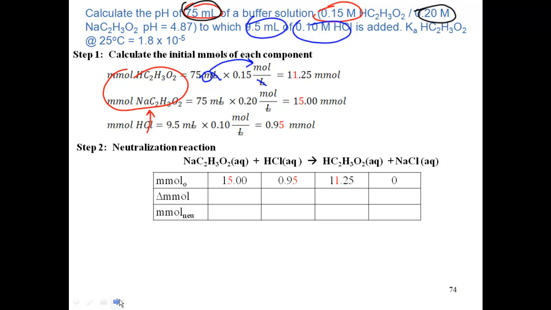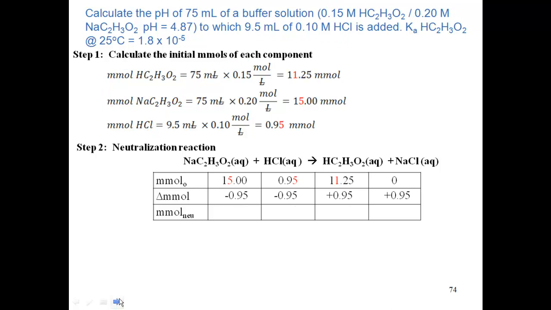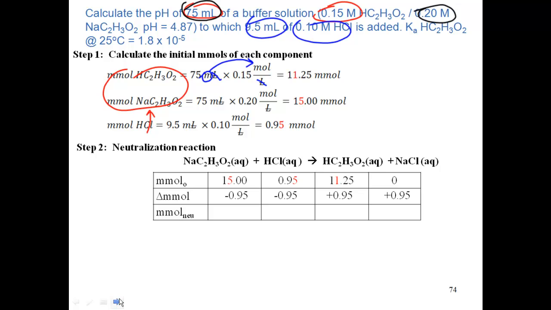So my change in millimoles then will be, for my reactant side, minus 0.95 for my sodium acetate and minus 0.95 for HCl. On the product side, we're forming that, so it's mole to mole, 1-to-1 as well. So I'll be increasing by 0.95 for my acetic acid and 0.95 for my sodium chloride.